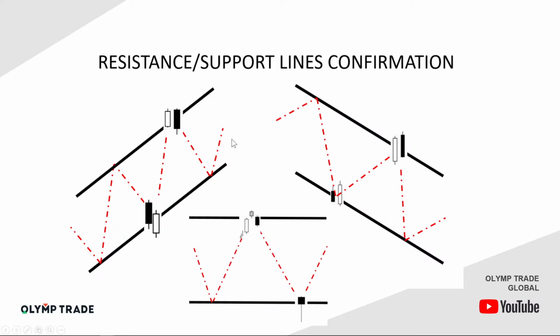Support and resistance lines can be slanted, which is called a trend line, which you can see right here. This is an uptrend line, and this is a downtrend line, okay? And they can also be horizontal, like this. So this is resistance, and this is support.